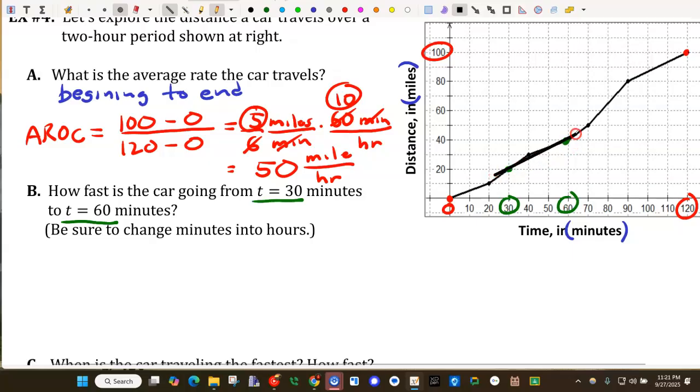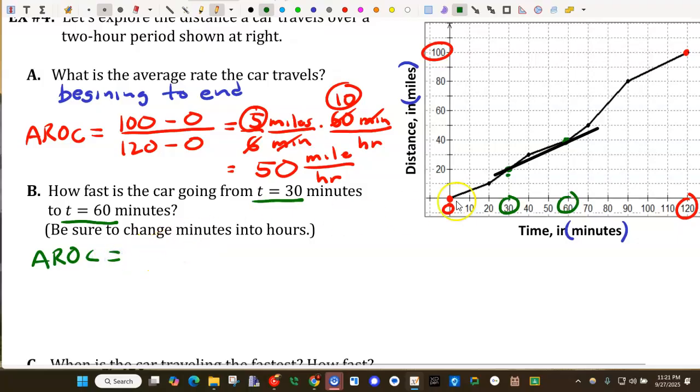Imagine just drawing another line that connects these two dots and finding the slope of it. You could also do rise over run. You could say we're going up 20 over 30, because we're going up 10, 20 over 10, 20, 30. So 20 over 30. But we also want to show that in calculation form.